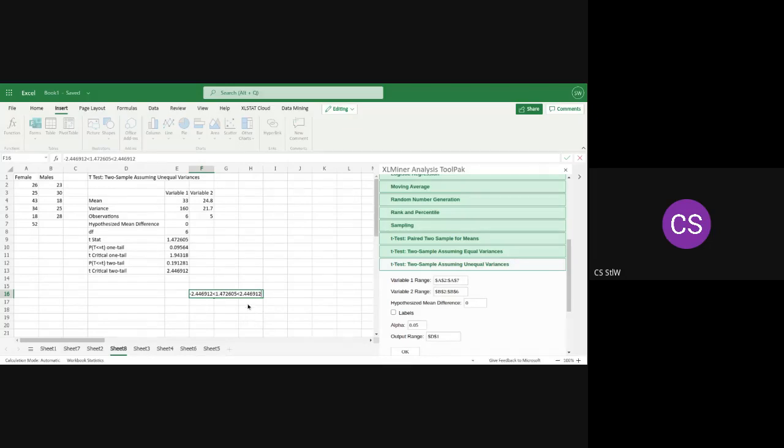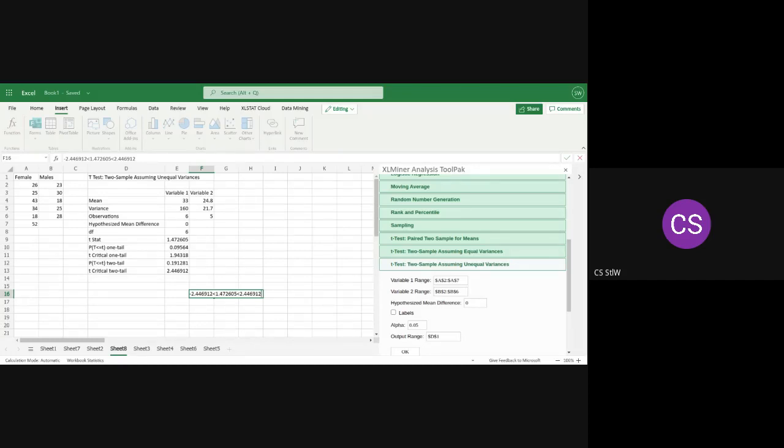So since it's like that, we do not reject the null hypothesis. We do not reject the null hypothesis.